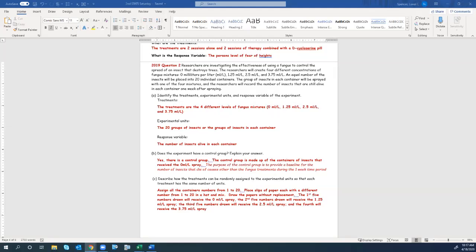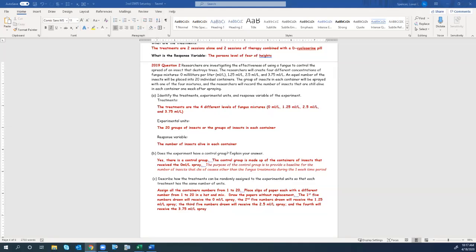Yeah, I think that's a very important point: if you said that there was no control, that there were just 4 treatments, that got you partial credit, because 0 milliliters means they really weren't receiving a fungus treatment. Because they're not receiving a fungus treatment, that would be the control. So yeah, thank you for that.